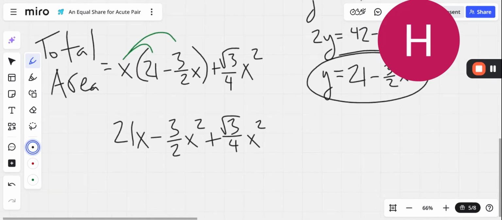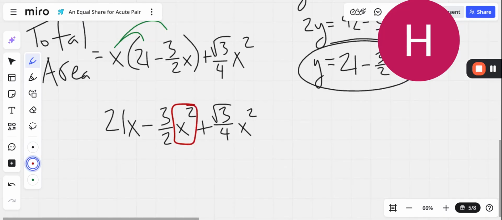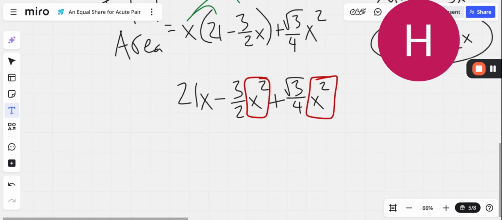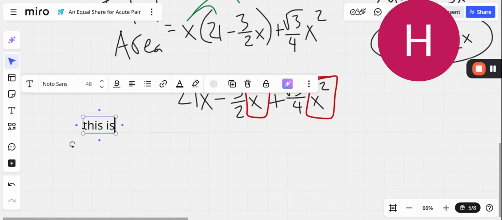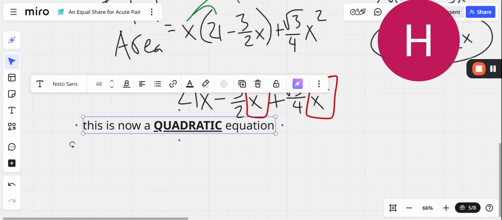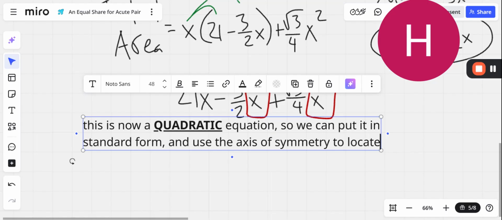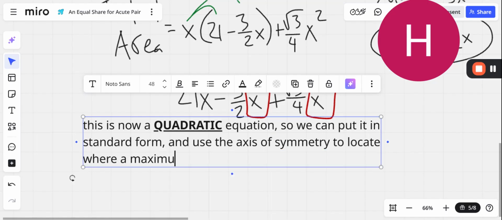So that's two x squared terms, an x squared term there and an x squared term there. We can combine these together in a way that's putting this in standard form. So you need to notice this is now a quadratic equation, so we can put it in standard form and use the axis of symmetry to locate where a maximum or minimum would occur.